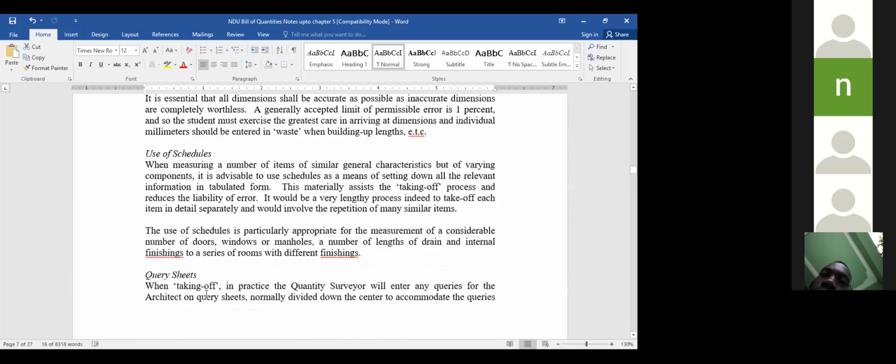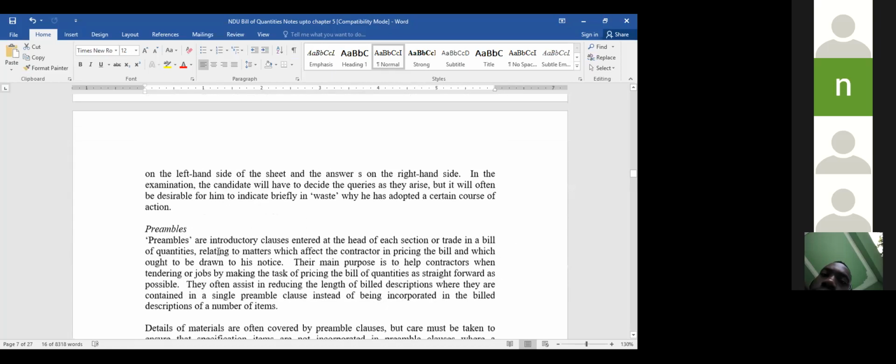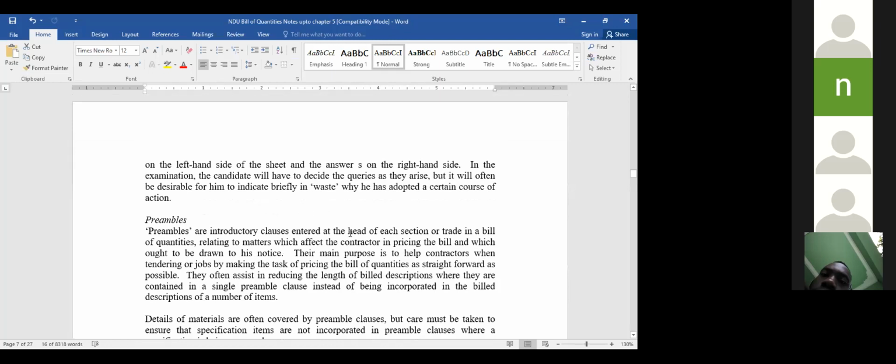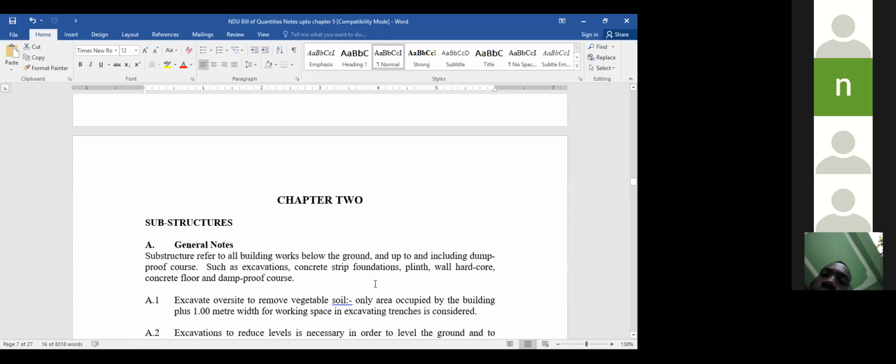Just read through this, and then when we come next time, we shall be able to move on to chapter 2 and start taking off. I will send a plan which you will be able to print out, and we shall work using the plan, because we need to work using a plan. We take off from a plan.